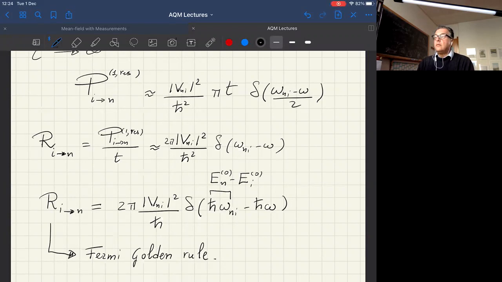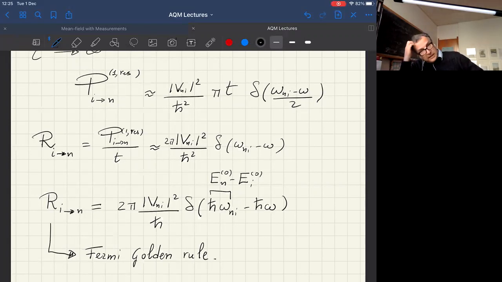You can derive this Fermi golden rule in several ways. When you compute the probability per unit time, what is really important is that it is small and is related to the fact that a single photon has been absorbed.